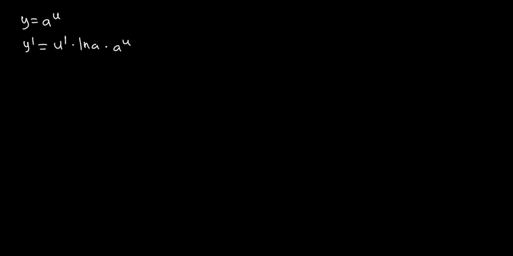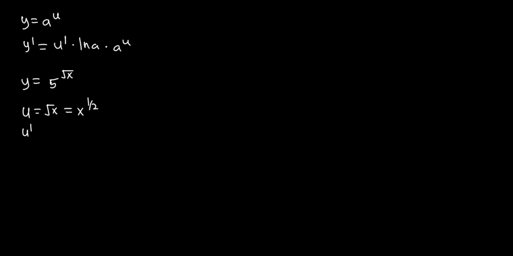So we have the function y equal to 5 to the power square root of x. In this case you will see that we have u equal to the square root of x, and that's the same as x to the power half. All we need now is u prime.